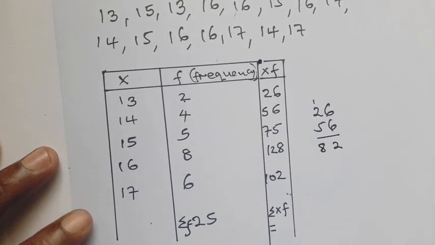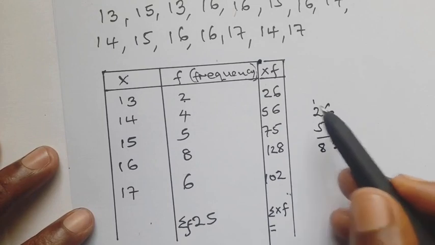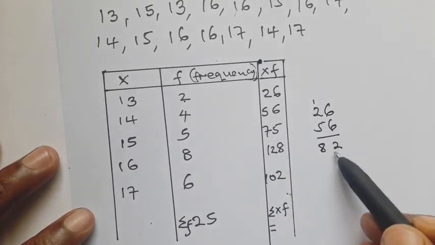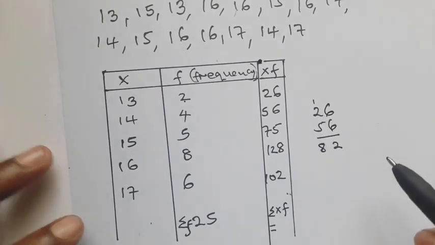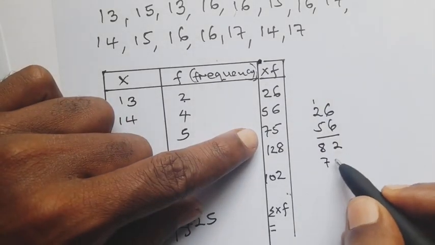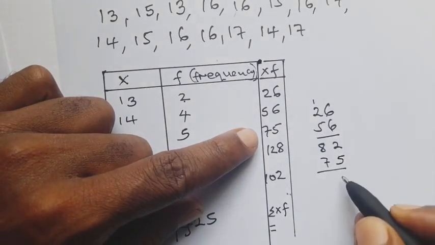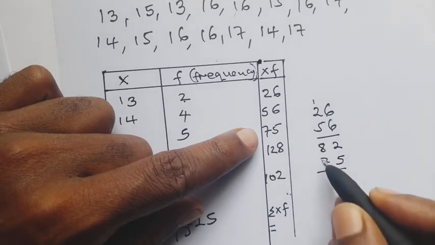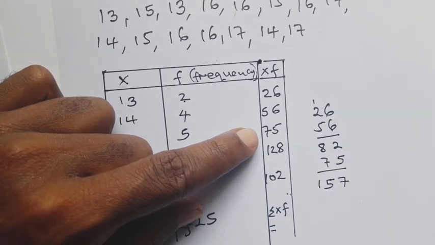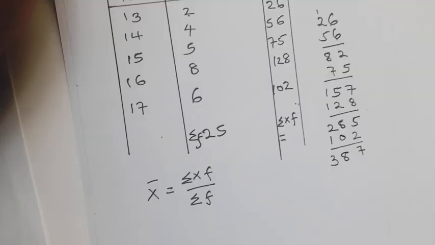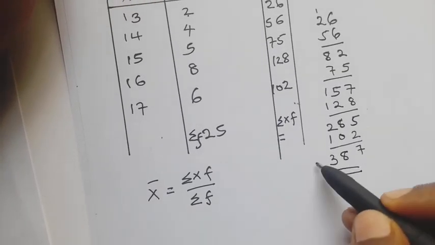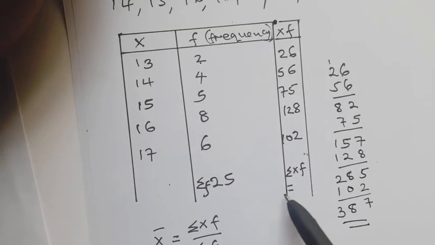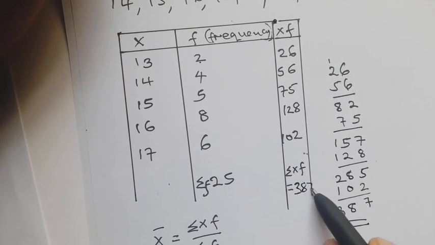Now we add 75, and this gives you 157. If you add the rest, you get the summation of xf as 387.